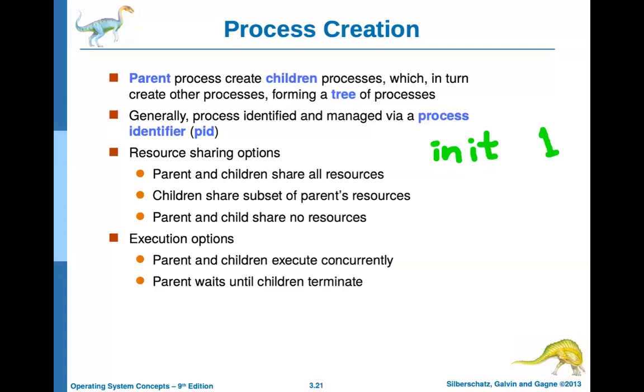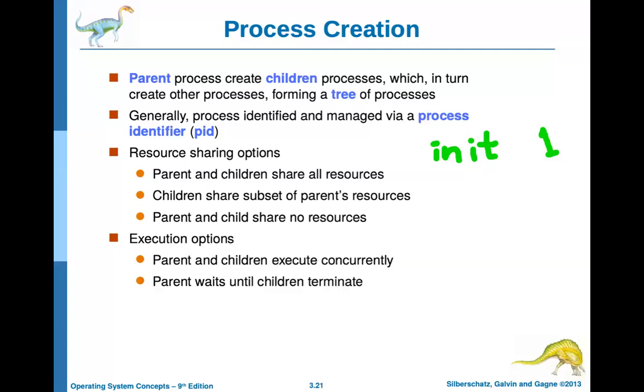So whenever you think of the formation of a tree of processes, there are two types of processes: one is called a parent process, and one is called a child process. The important thing here is that except init, each and every process must have a parent process.